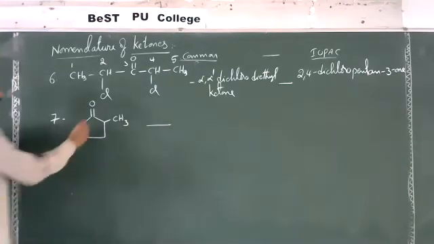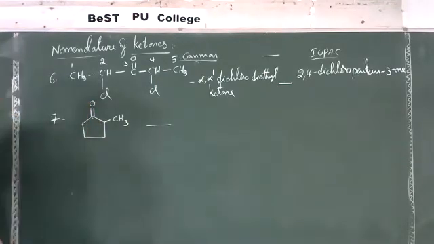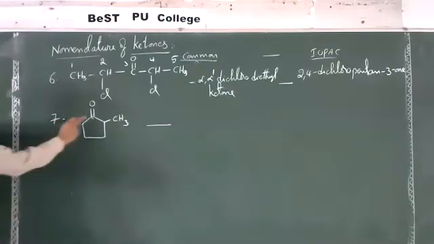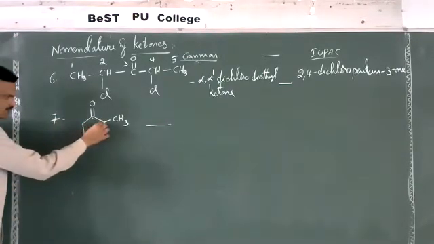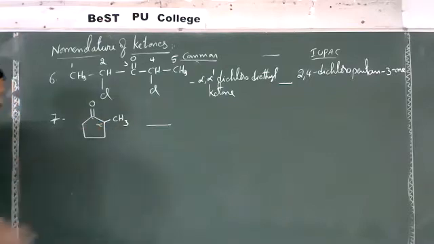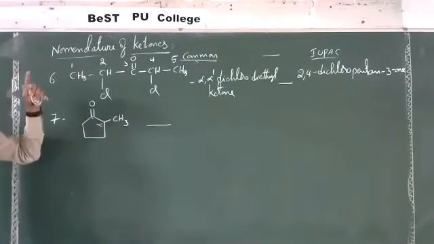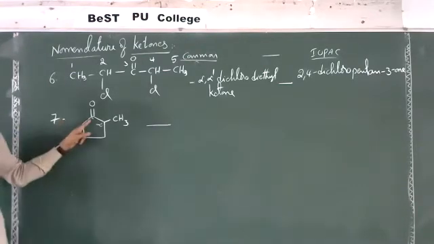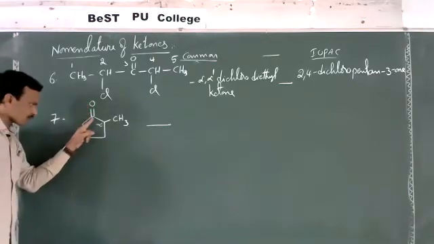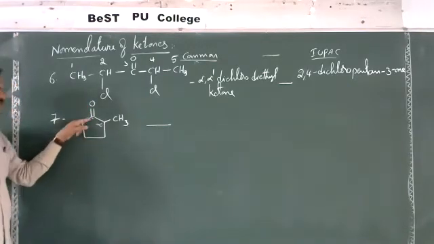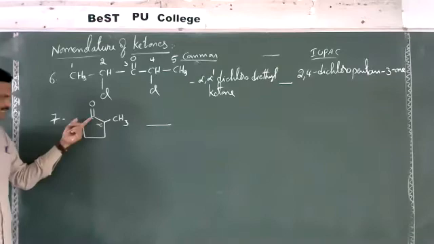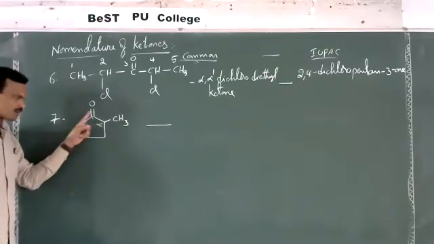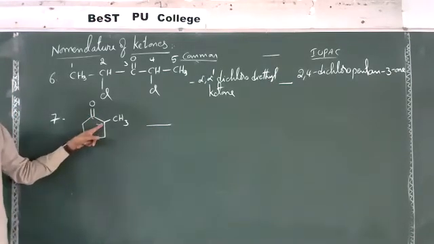So here, this is the functional group carbon. The next carbon will be the alpha carbon. Now here, this is the alpha carbon. In case of aldehydes, the carbon attached to the CHO group is taken as alpha in the ring. But here in case of ketones, the functional group carbon itself is present in the ring structure. So the next atom of the carbonyl carbon is taken as alpha carbon here.